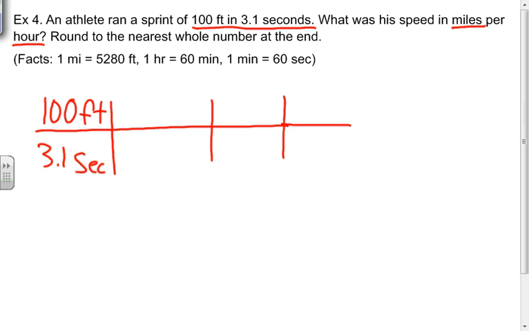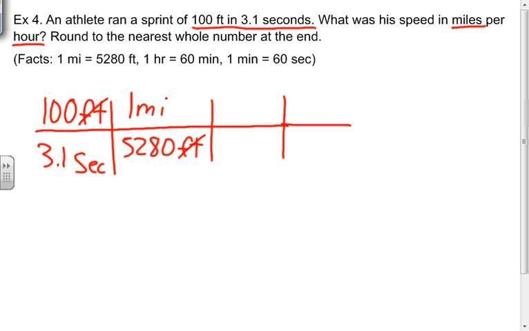So I can write that with 1 mile on top or with 1 mile on the bottom. Well, I already have feet on top, so in order to cancel that, I have to have feet on the bottom. So I'm going to put 1 mile, 5,280 feet. Okay? The reason why I do that is because now the feet on top can cancel with the feet on the bottom.